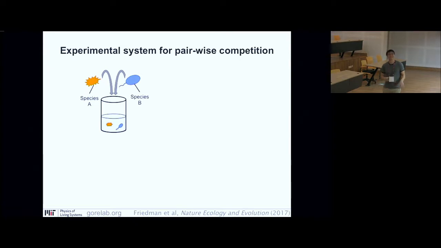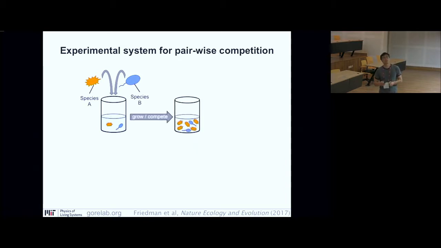Right? All right. Okay, so just to be clear about what our experiments are going to look like, they're very simple. We take a pair of species, and we compete them in liquid culture, either well mixed or not. It actually doesn't make very much of a difference for all the stuff that I'm going to be talking about today.